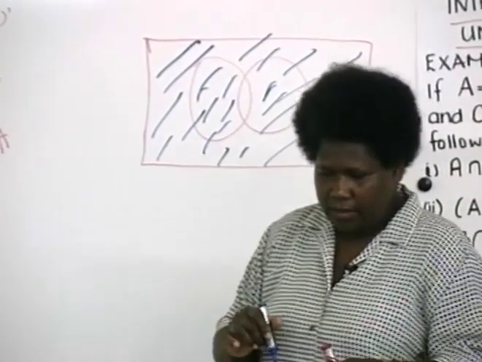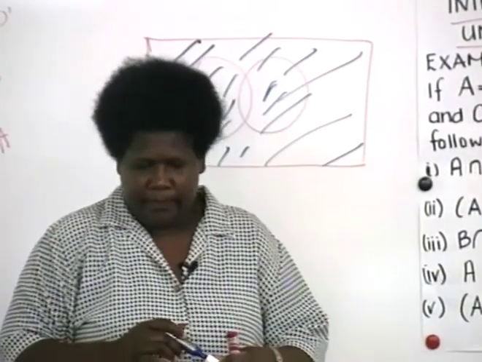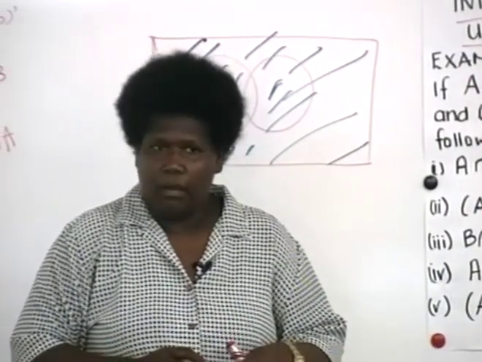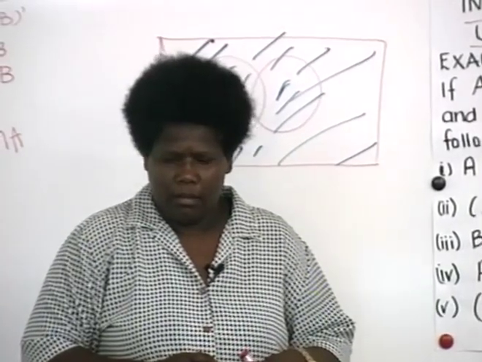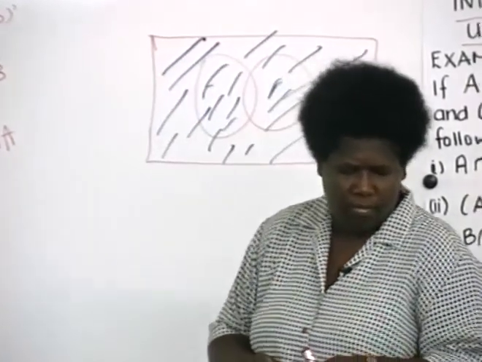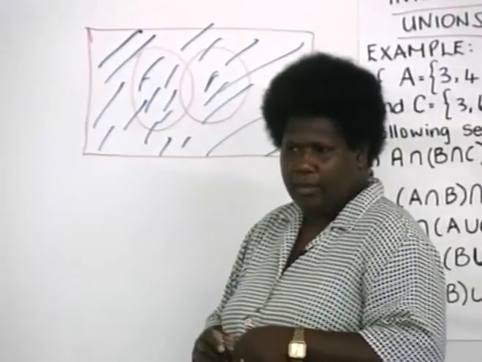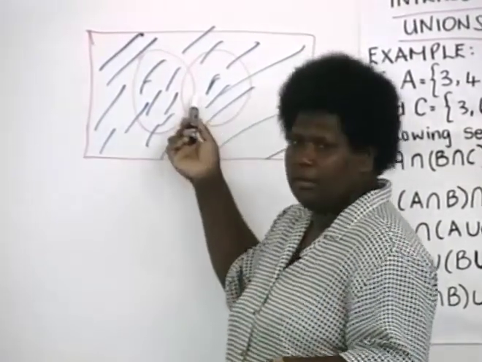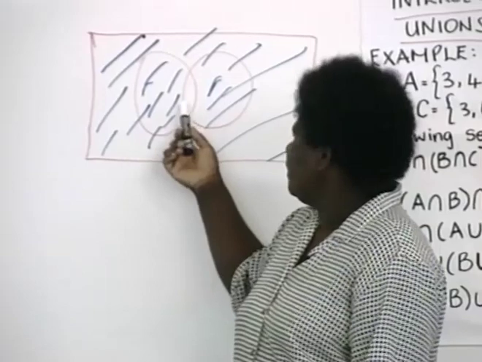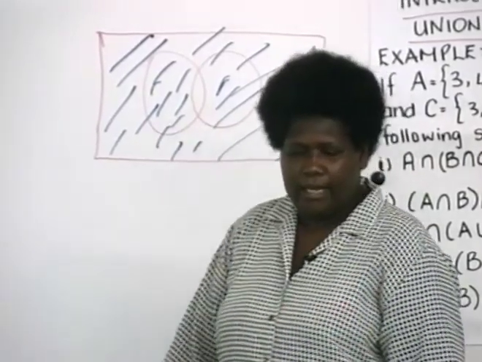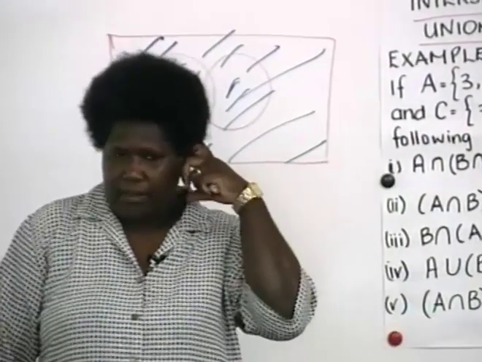I didn't realize that I just copied the same one. The one I did on the board is supposed to be like this, only this bit is not shaded. Letter E, it's correct the way it is on the screen.